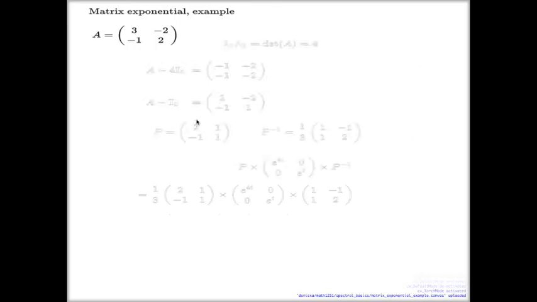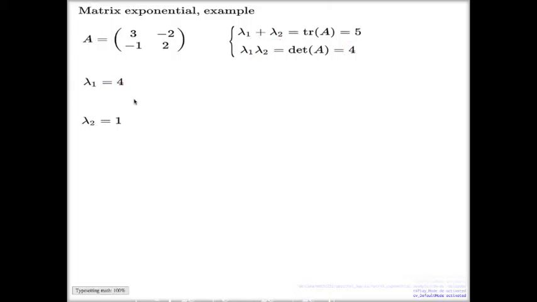Here's my matrix. This time, because we haven't done such a matrix before, I need to compute every component of the spectral analysis. I need to find all of the eigenvalues and all of the eigenvectors. But given that the size is 2 by 2, it's not that hard.